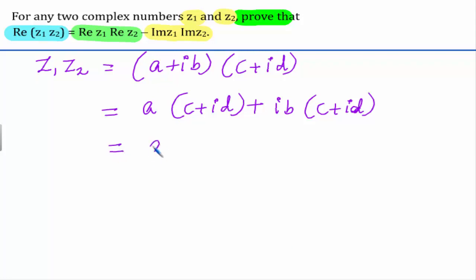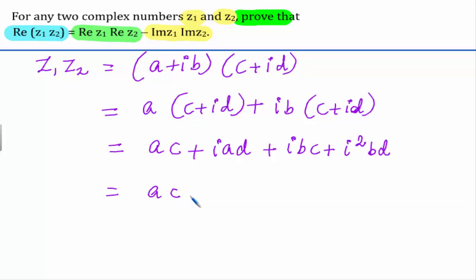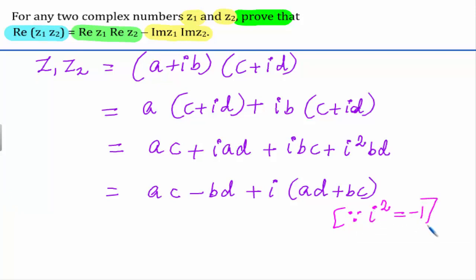This will be equal to ac plus iad plus ibc plus i square bd. This will be equal to ac minus bd plus i multiplied by (ad plus bc), since i square is equal to minus 1. Therefore, we have found z1 multiplied by z2.